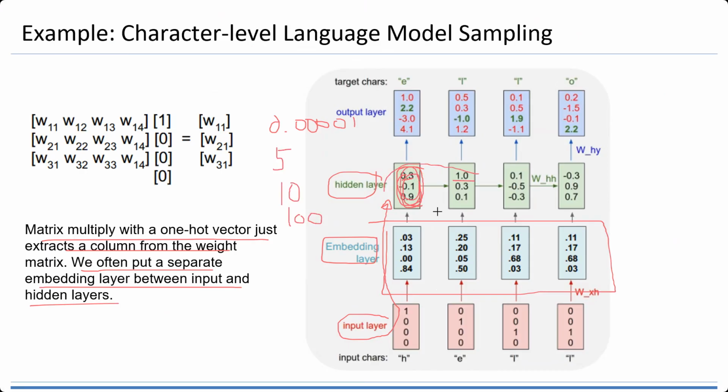So the value of this hidden layer cannot be very high and cannot be very low. It should be in a particular range of values. That's why there are some methods that use an embedding function.